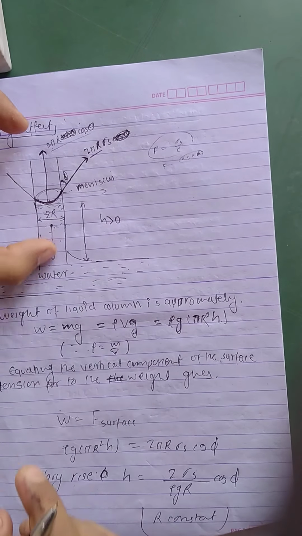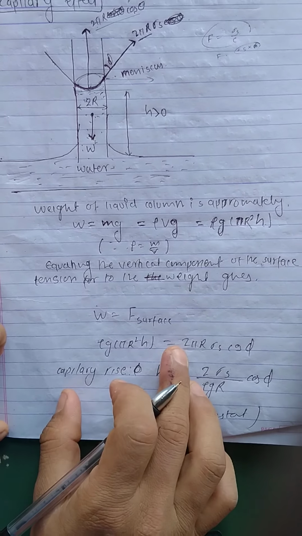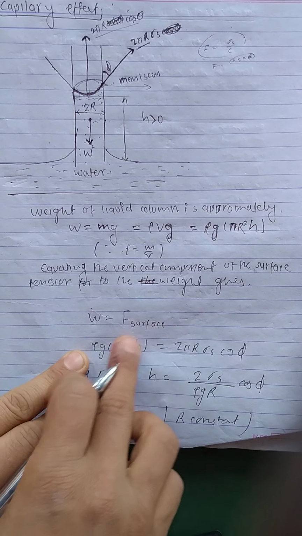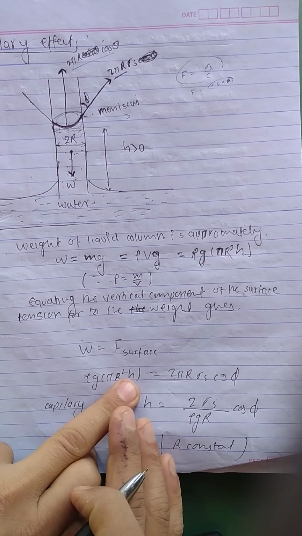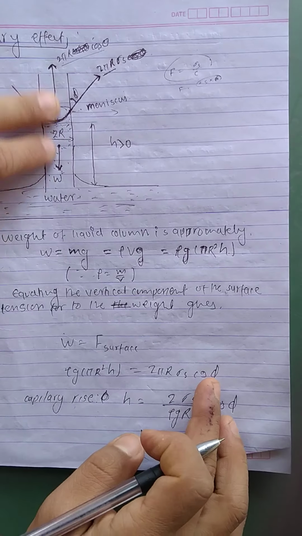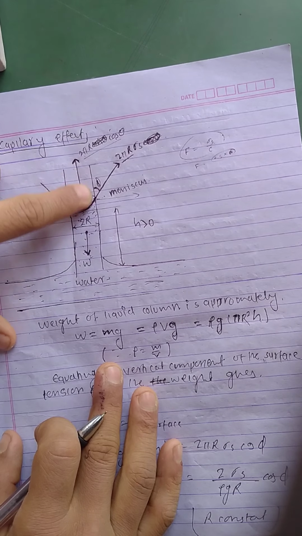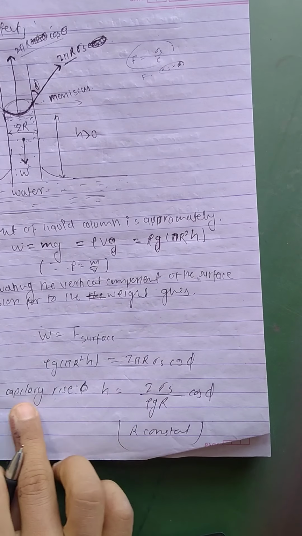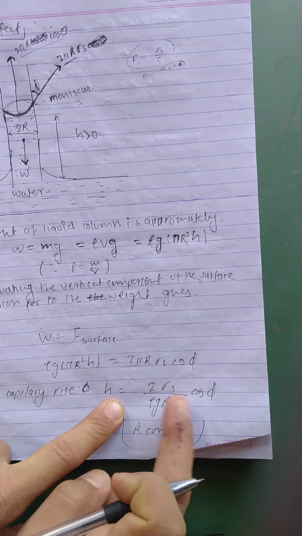Now equating this vertical force and the weight: we already found that the weight is rho g pi r square h, which equals 2 pi r sigma s cos theta, the vertical component of the surface tension force. So the capillary rise h equals 2 sigma s cos theta upon rho g r.